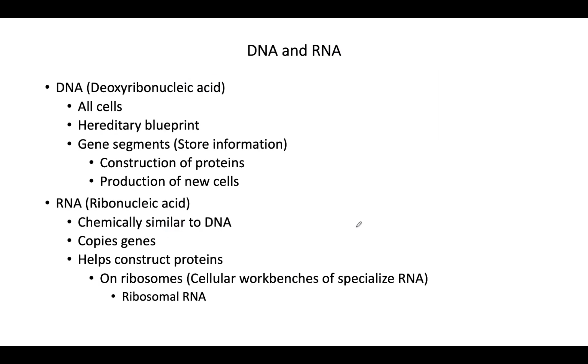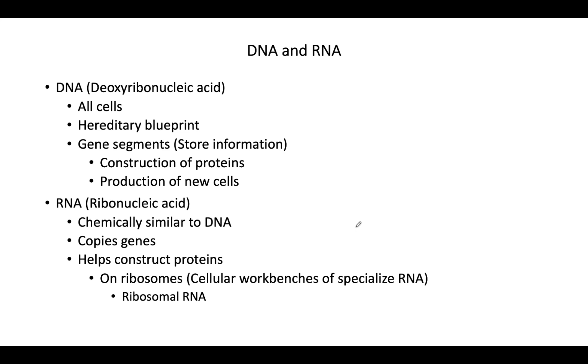Water, salt, and organic molecules dissolve in the fluid. DNA and RNA, we already studied this. DNA is located in every cell. There is no cell which does not have DNA. Hereditary blueprint. DNA holds gene segments. These genes store information. So DNA constructs protein down the road and also produces new cells.